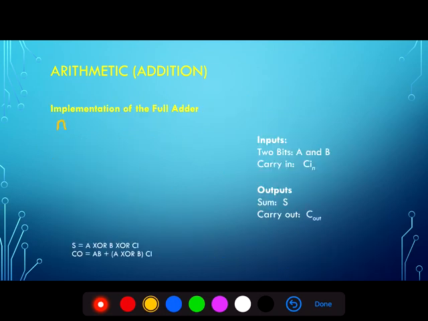Sum is simply A XORed with B, and then once again XORed with Ci to obtain the output sum.